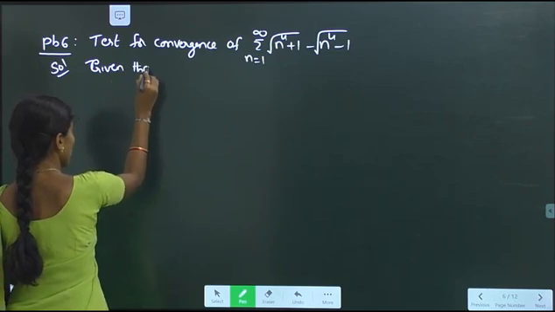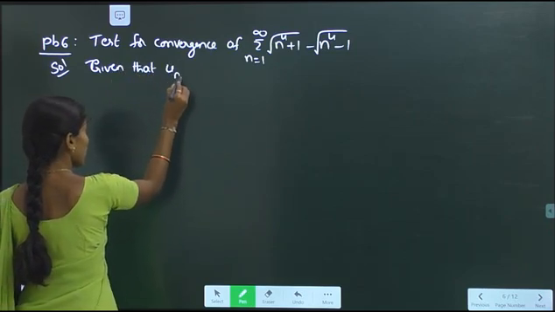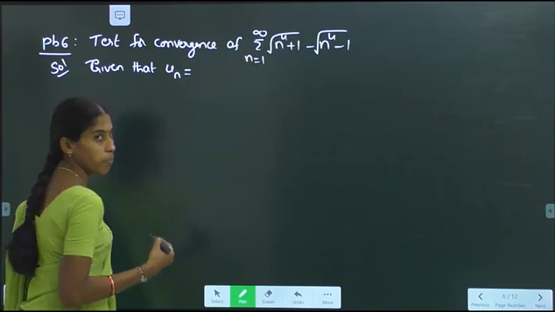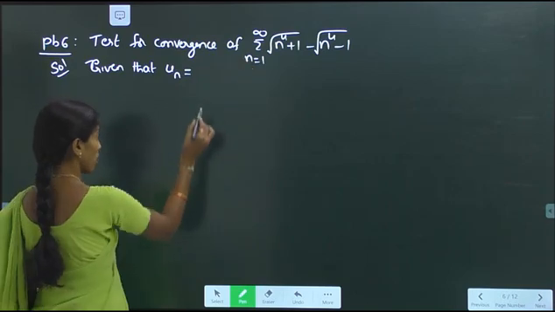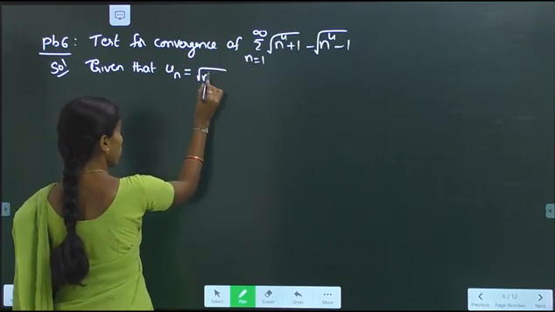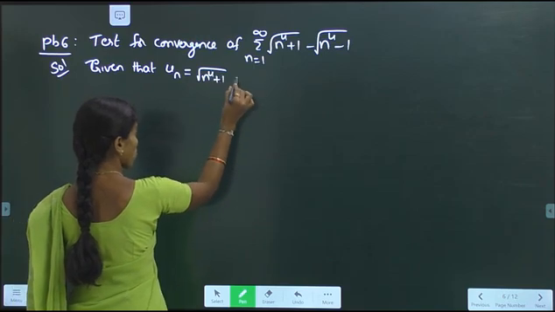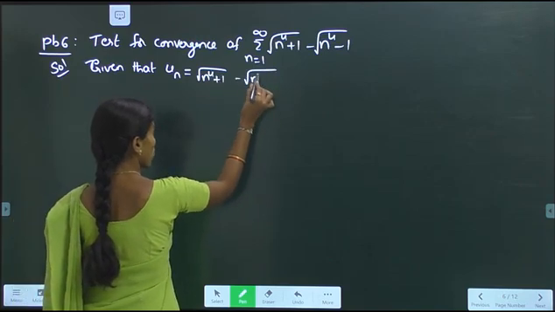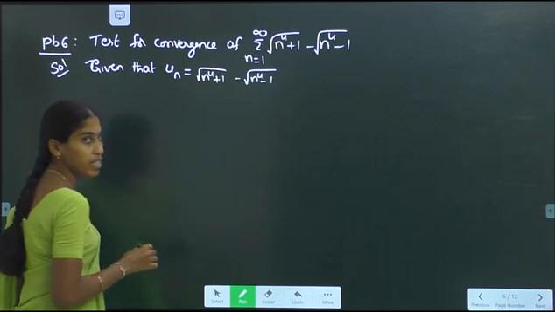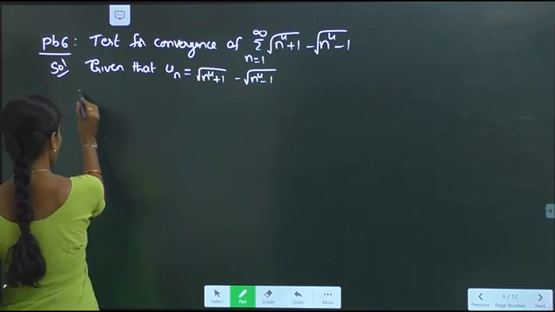Given that, so what is Un? The term beside this summation sigma symbol is nothing but Un, which is square root of n power 4 plus 1 minus square root of n to the power 4 minus 1. Now first rationalize it.